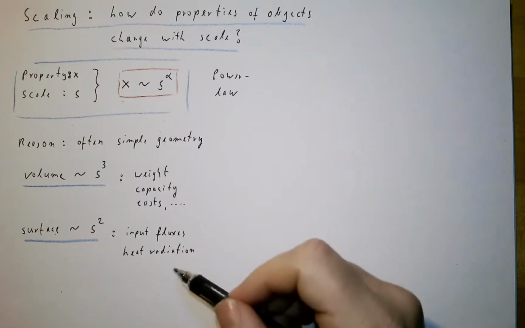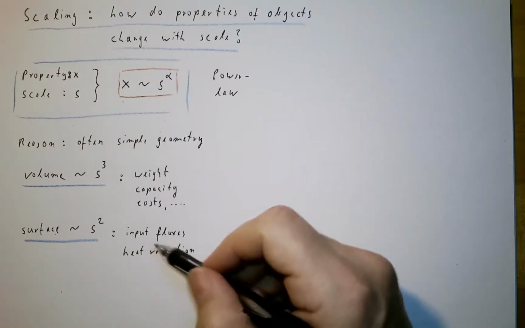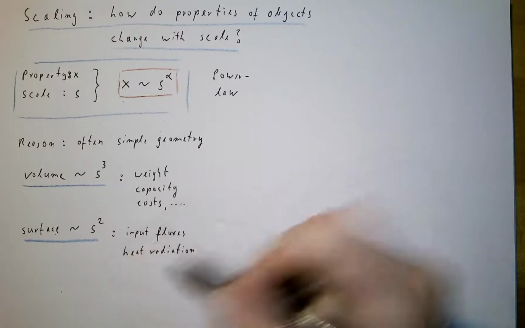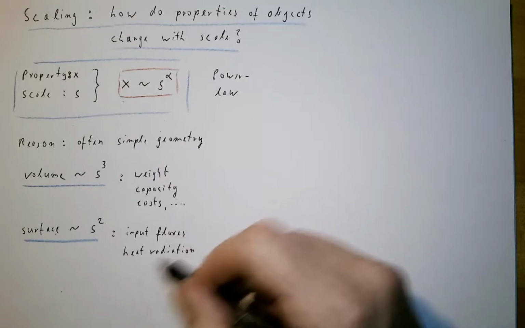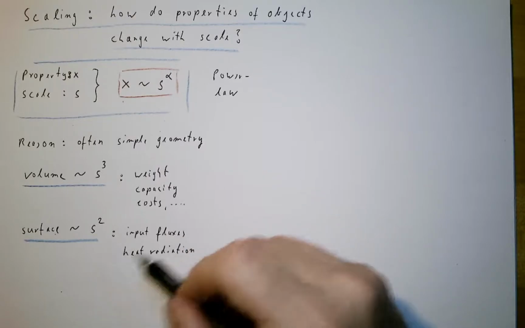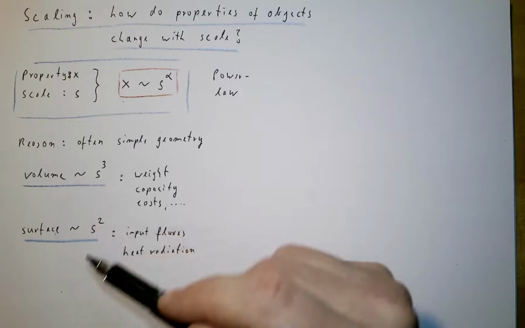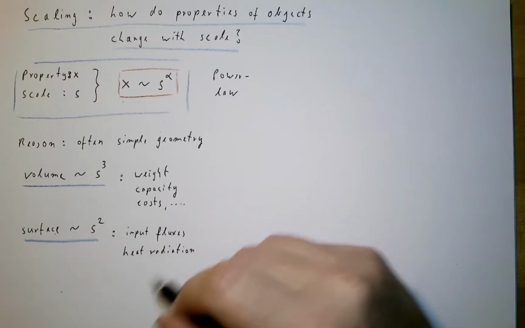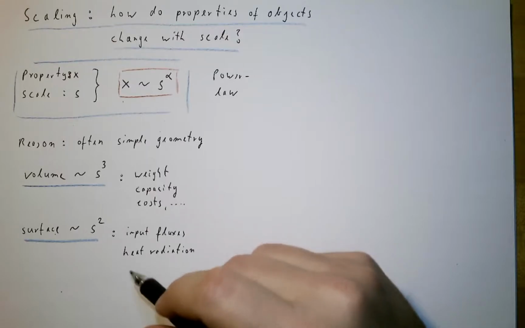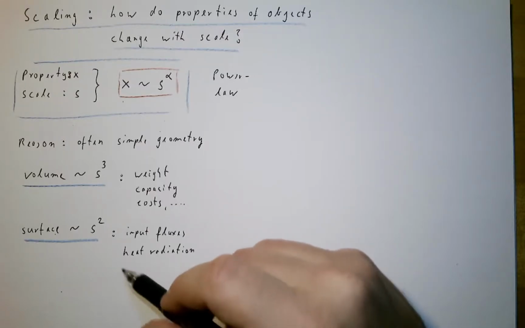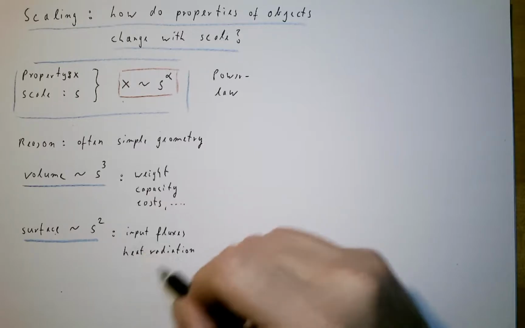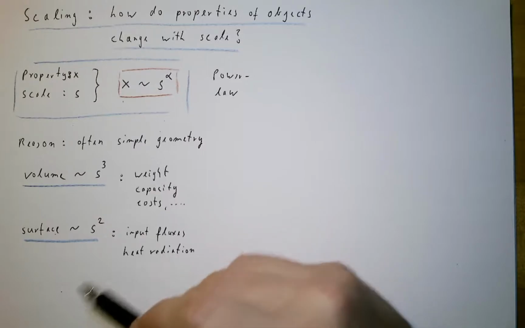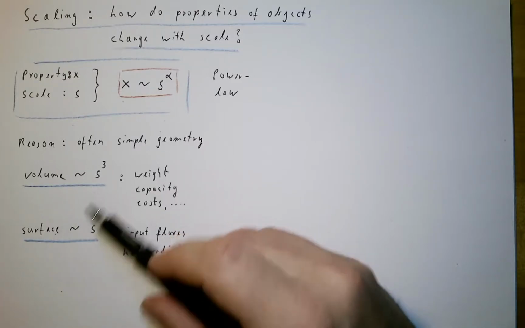If you have an oven and you want to know how much heat can be going out of the oven, then it depends on the surface of the oven, not on the volume. You have a phytoplankton cell and you want to know how much nutrients can be taken up by the cell, then it depends on the surface because of the number of uptake proteins you can have on the surface. These are properties which go with the surface, not the volume.